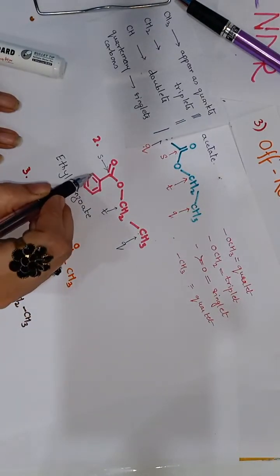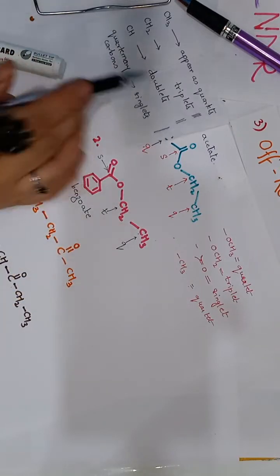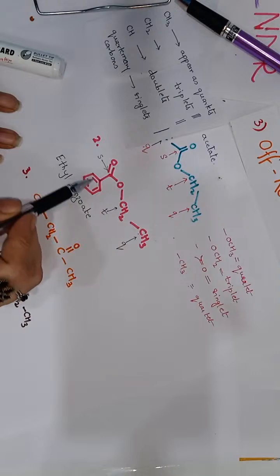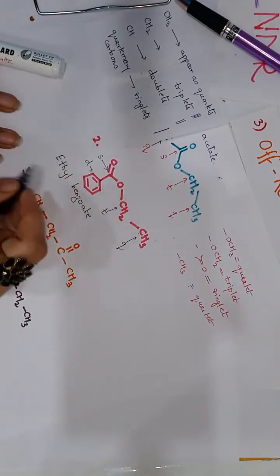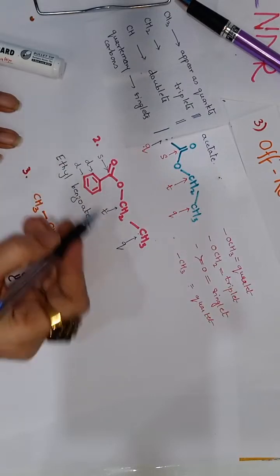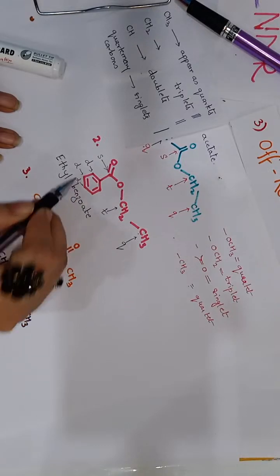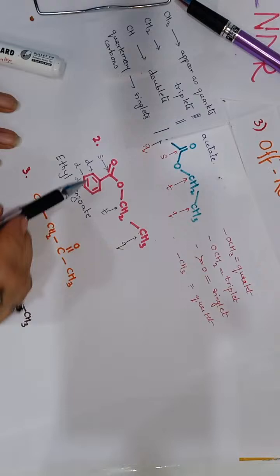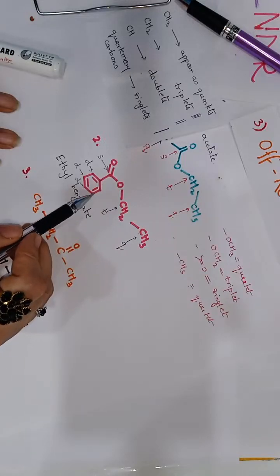Next we come to this one. This is CH, so this will be a doublet. This will be CH, therefore it is a doublet. Again this is CH, therefore it is a doublet. These all are symmetrical, so we will not get another signal over here and here.